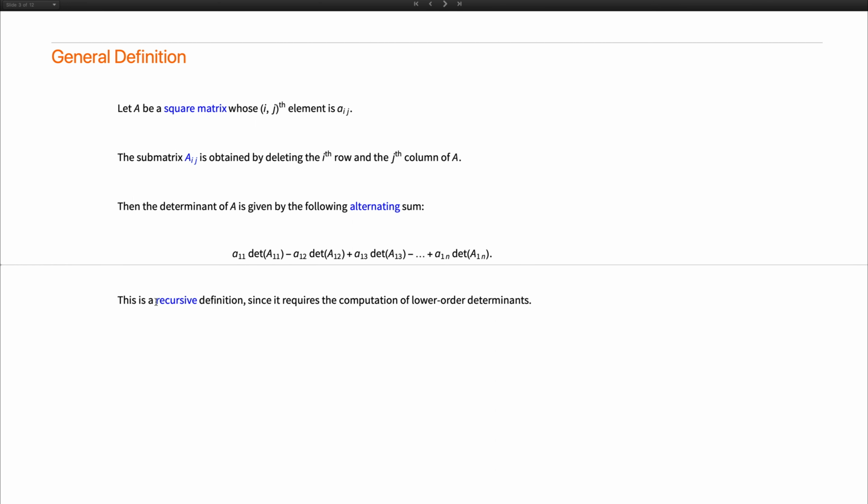You'll notice that this is actually a recursive definition, because to compute these determinants you need to work with smaller matrices, so you go all the way down until you're done.